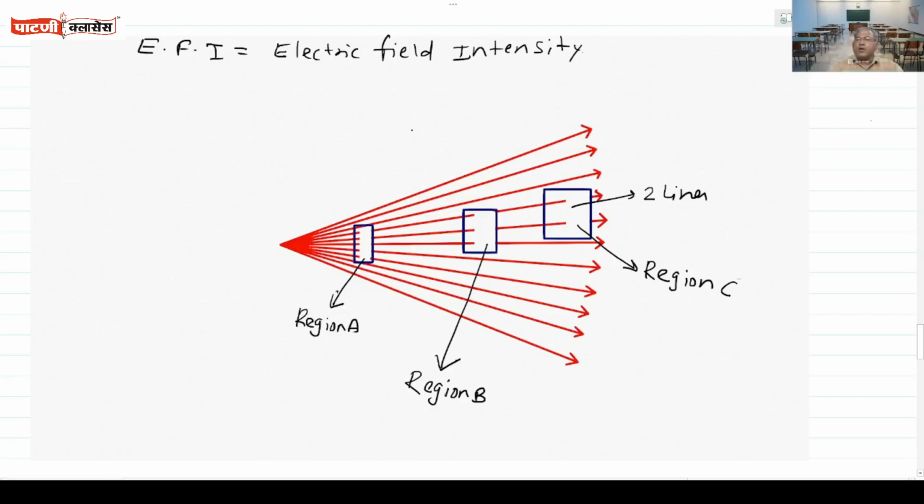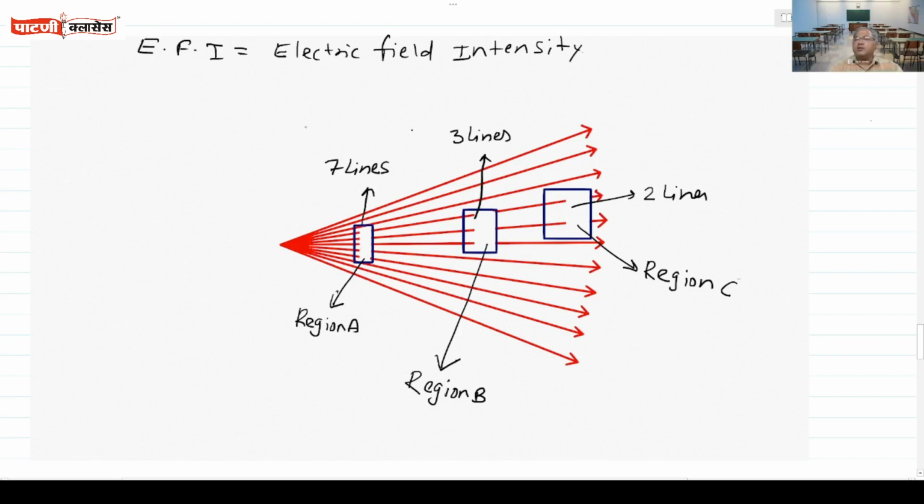Now suppose we count the number of lines of force crossing region A: 1, 2, 3, 4, 5, 7 lines. So 7 lines are crossing region A, 3 lines crossing region B, and 2 lines crossing region C. So in every region the number of lines crossing is different.